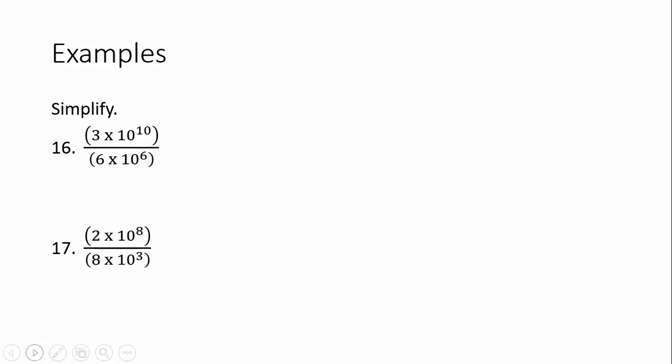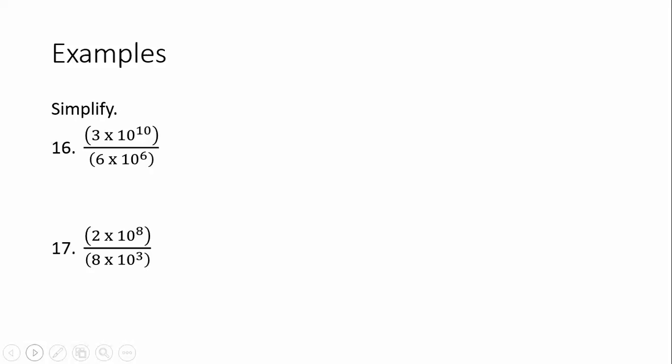Now let's look at some examples where we have scientific notation. This is a lot like the scientific notation for multiplication, except we're going to apply the quotient rules as opposed to the multiplication rules. Remember, the quotient rules say subtract exponents on like bases. So remember with multiplication, we actually multiplied the numbers out in front.